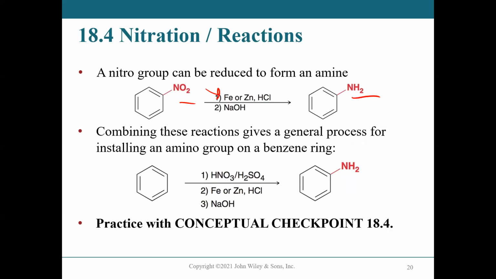So we talked about bromination, we've talked about chlorination, we talked about sulfonation, we talked about putting a NO2 group on there, and then we can switch it to an amino group, NH2. Now we're going to talk about an alkylation.